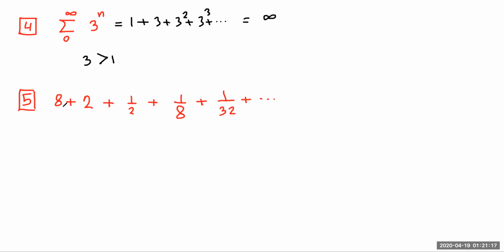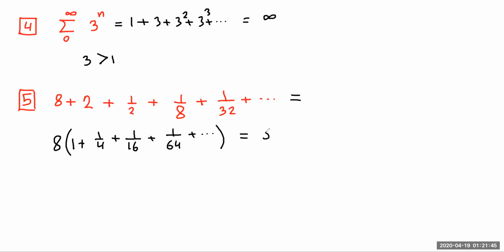Example number 5. Here the first term is 8, not 1. So let's take 8 outside. Here I will have 1 plus 1 over 4, 1 over 16, 1 over 64, plus.